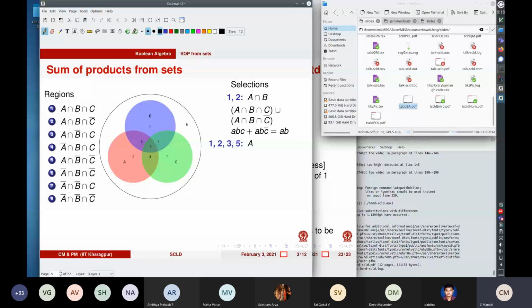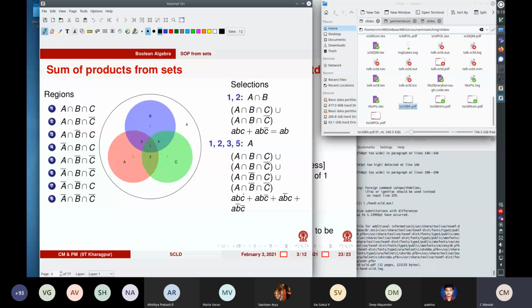If you consider regions 1, 2, 3, and 5, that is just A. So this also can be expressed in this form. All right. So this is how you can express various regions in terms of these sets.